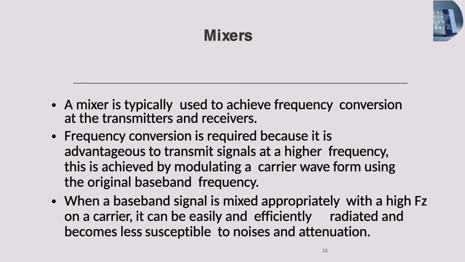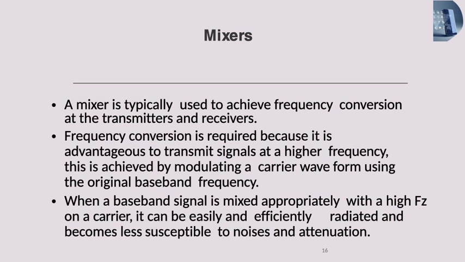Then comes the mixer, that is the last component of our mobile communication system. A mixer is a device that is typically used to achieve frequency conversion at the transmitters and receivers. Frequency conversion is required because it is advantageous to transmit signals at a higher frequency.